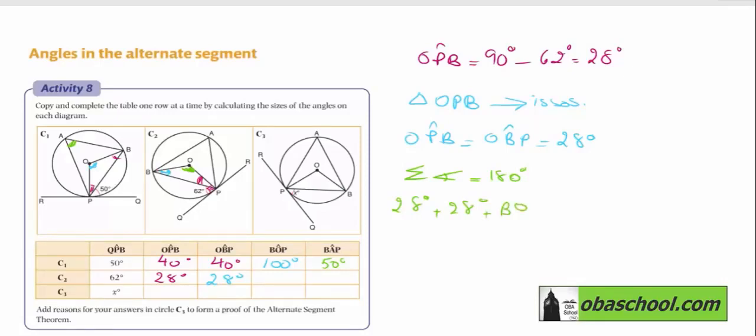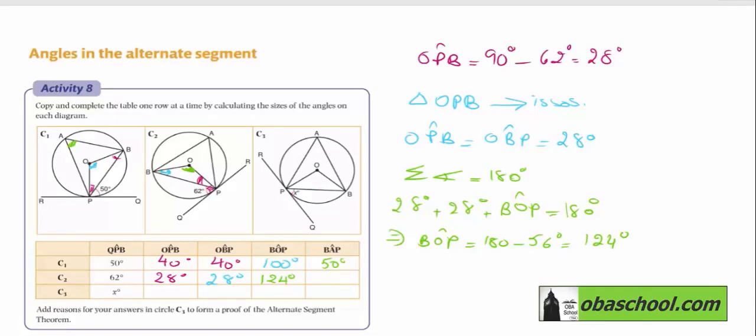And so in such case, once we add BOP, we're going to have the total of 180 degrees. So BOP would then be equal to 180 degrees minus 56, the sum of both base angles. And so that would be 124 degrees for BOP.